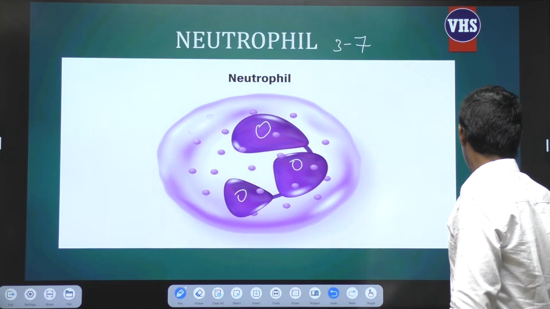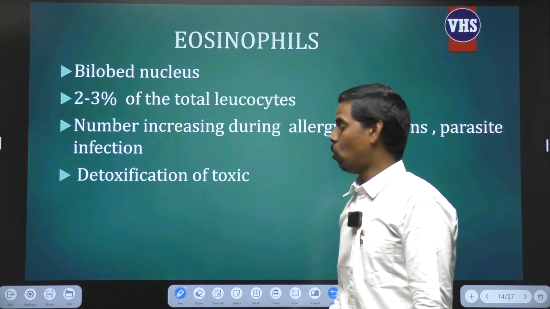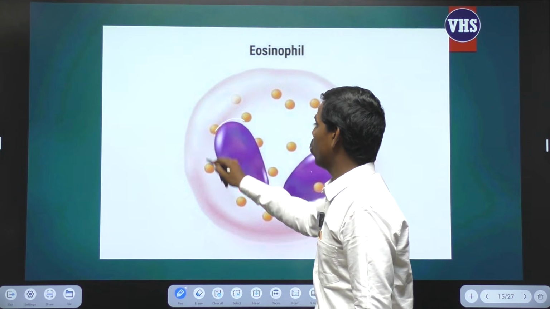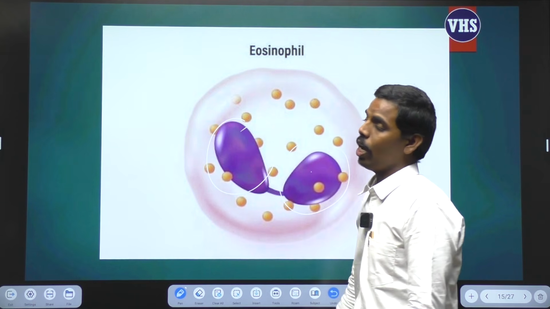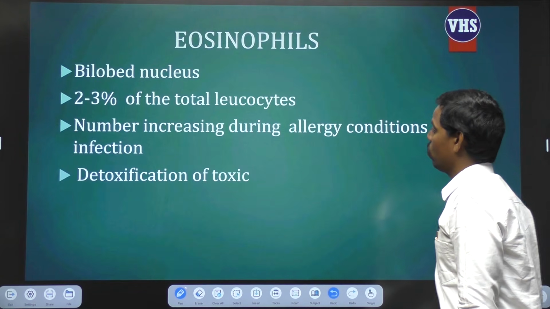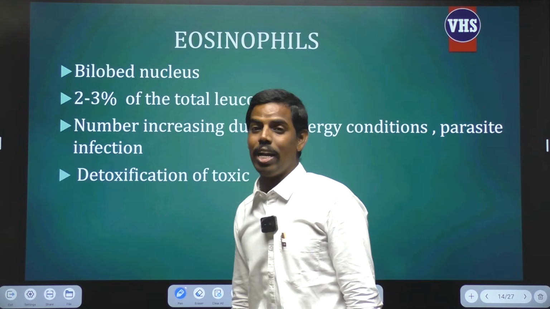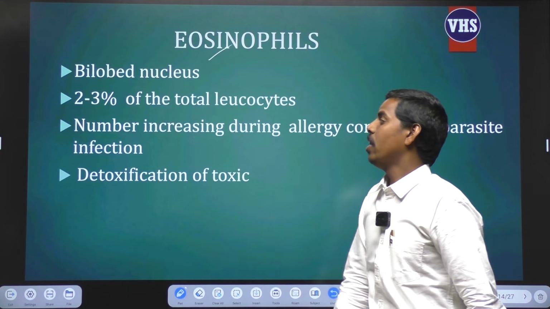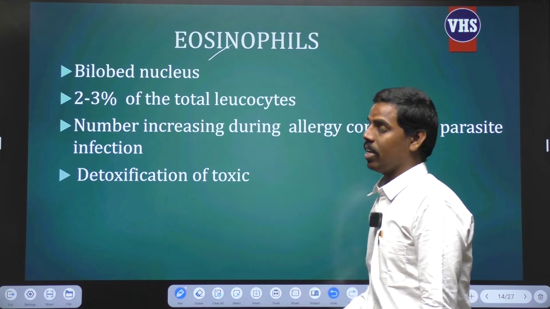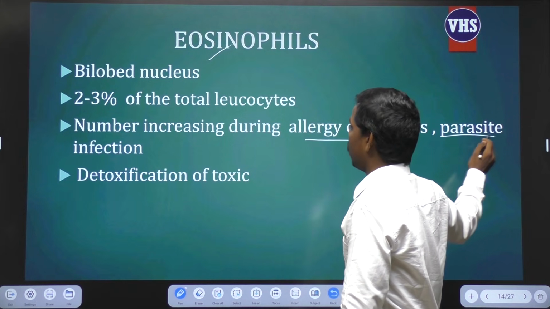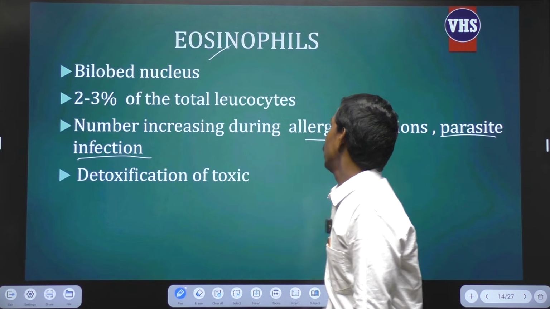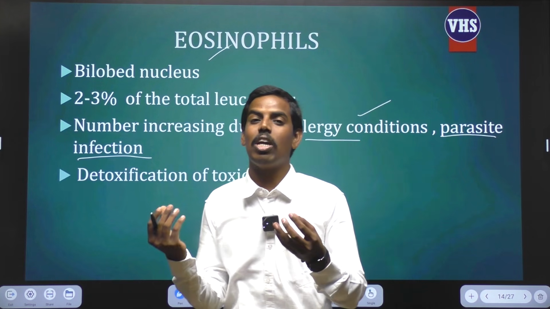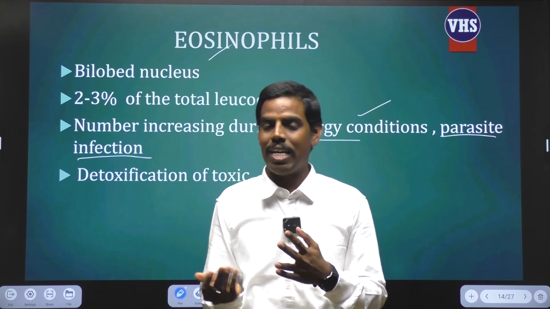Next, after neutrophil, eosinophil. The eosinophil has a bilobed nucleus, totally 2 lobes. Next, 2 to 3% of leukocytes are eosinophils. When does it increase? In allergic conditions and parasitic infections. Allergic conditions means some people have food allergy, some have dust allergy.